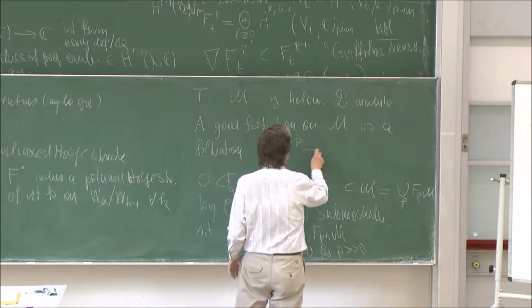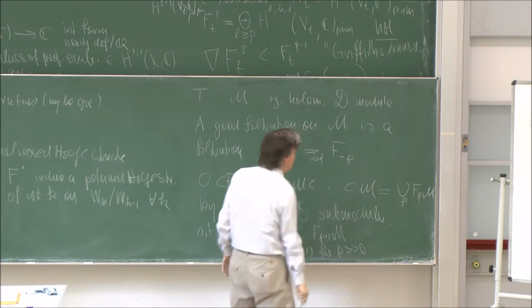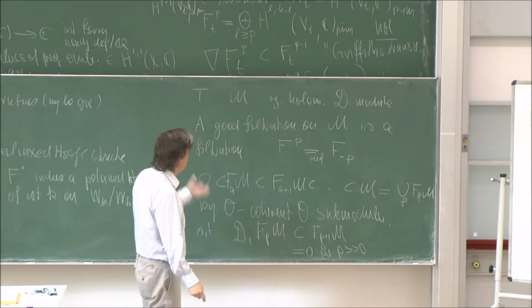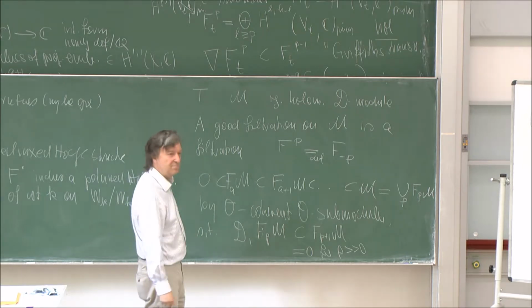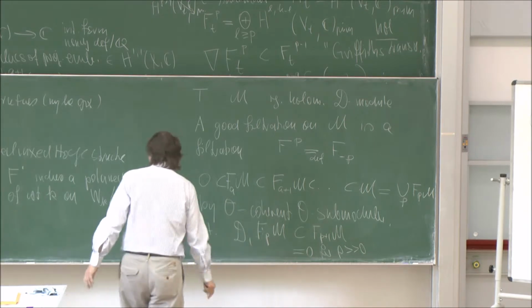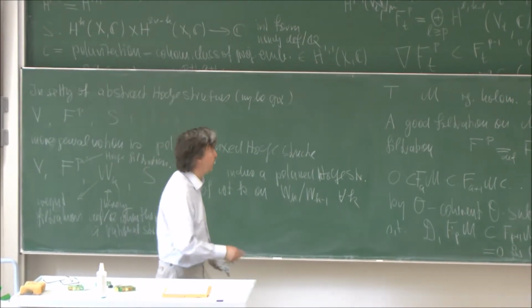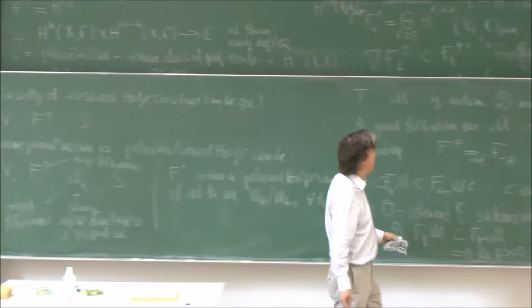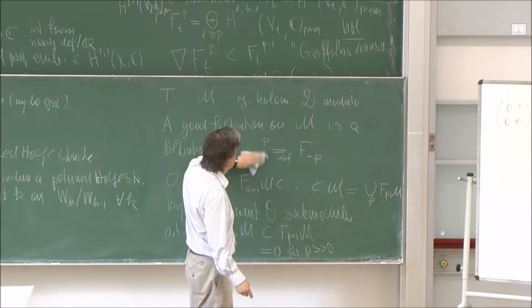So F upper P, by definition, is F minus P. If you choose negative integers, then you have a decreasing filtration. That's all. So one can always go back and forth. The general convention is increasing, and then one can go back and forth by this convention.